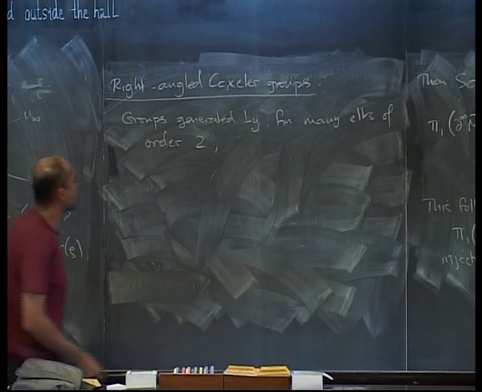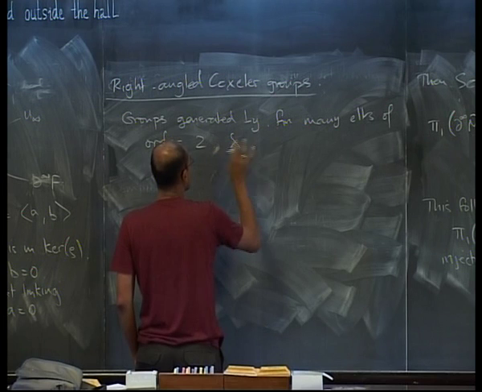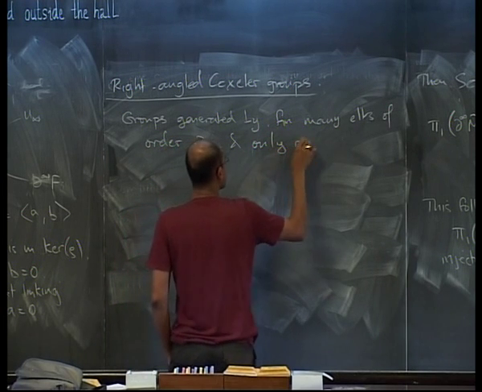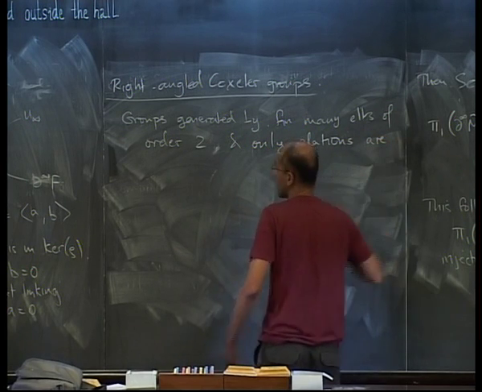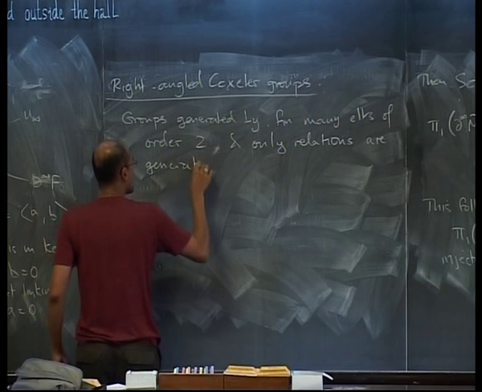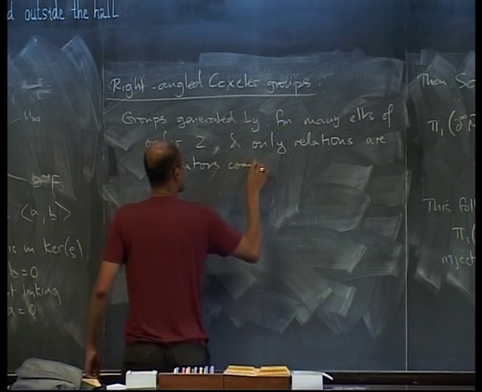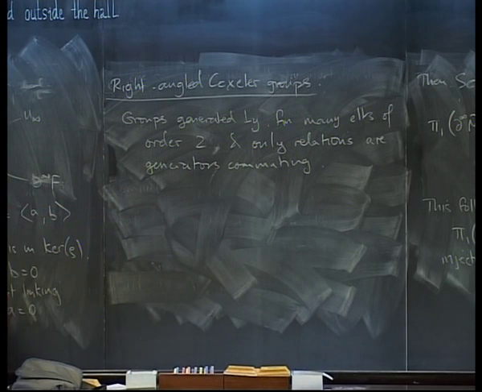And the only relations are generators commuting. Okay. So given any two generators, either they commute or there's no relation between them.